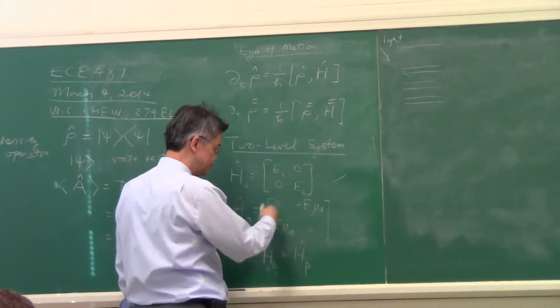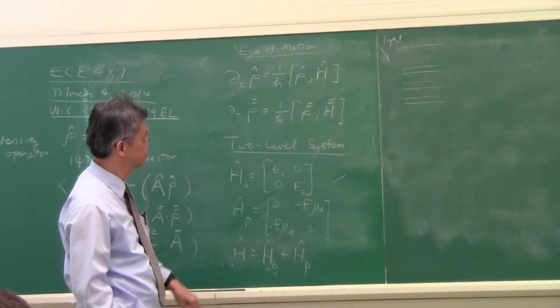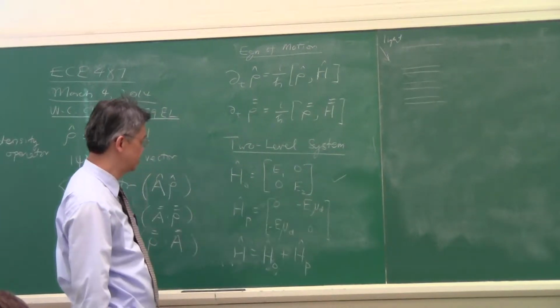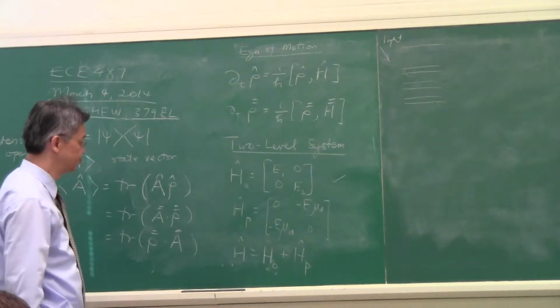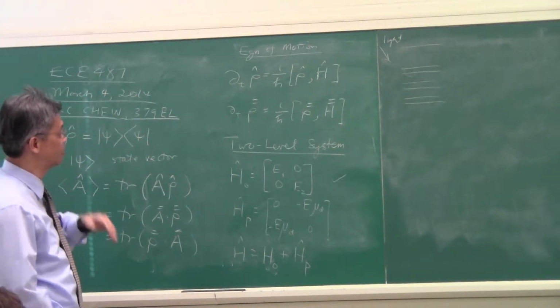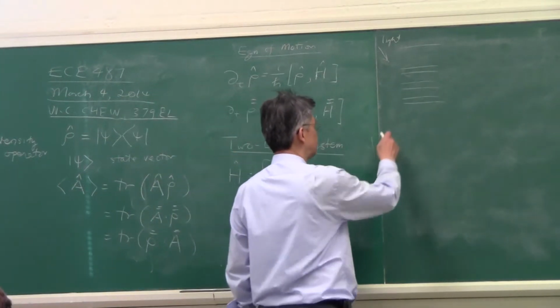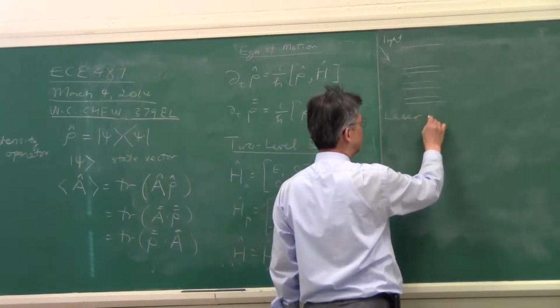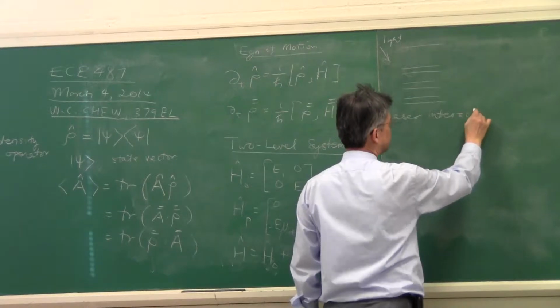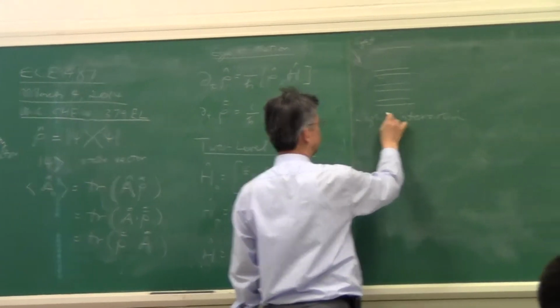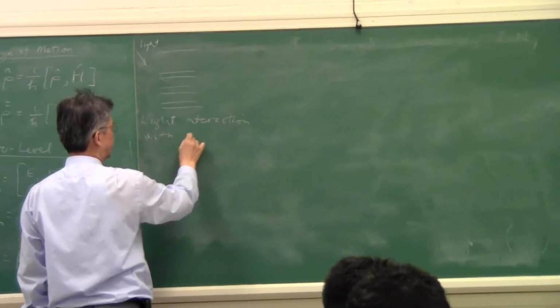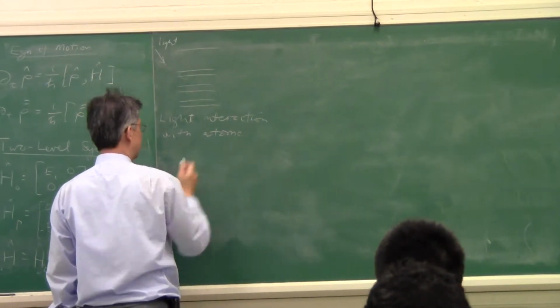But under the perturbation of light, you have this additional perturbation Hamiltonian that causes a transition from level 1 to level 2. Okay? So this could be an atomic system, like laser interaction or light interaction with atoms.